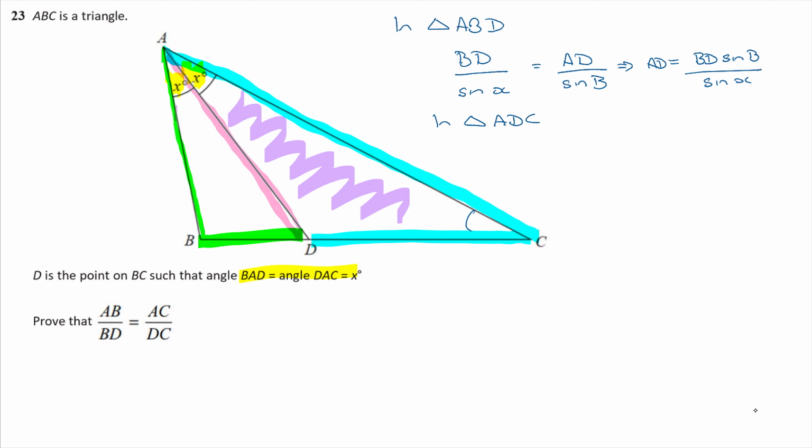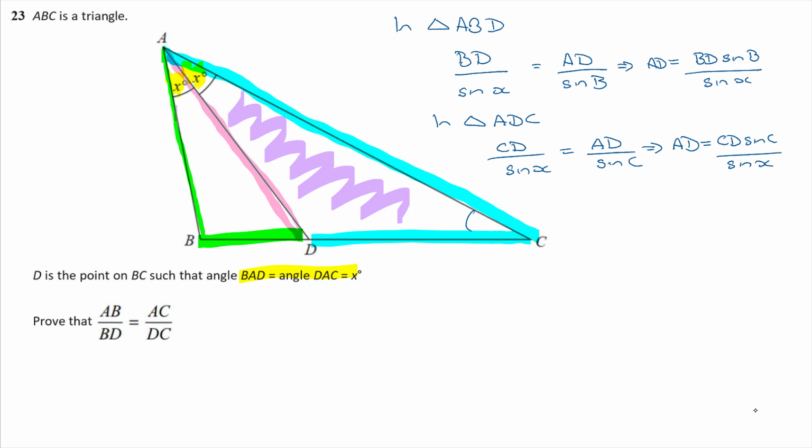CD over sine x is equal to AD over sine C. Again, I'm going to rearrange that to make it in terms of AD, because that's the thing they have in common. So AD, cross multiplying that sine C underneath the AD, is equal to CD sine C over sine x.